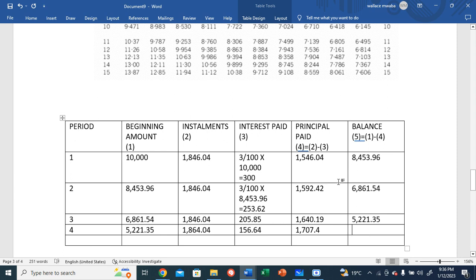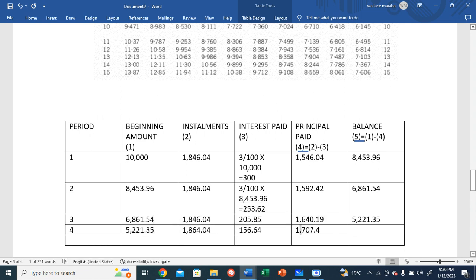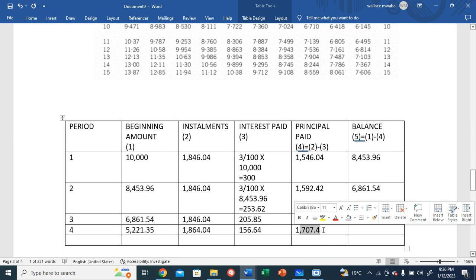Then for the balance you say 5,221.35 minus 1,707.4.